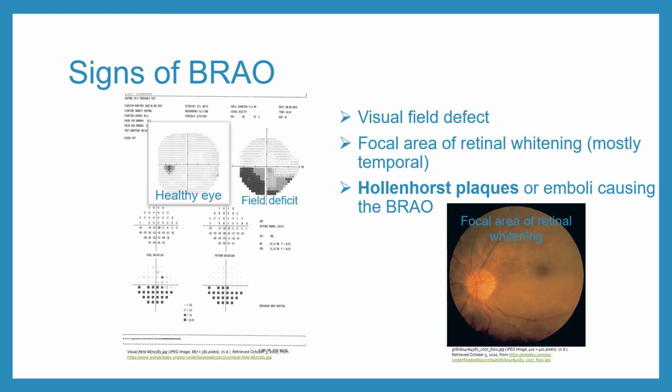A similar observation can also be made in commotio retinae, where the retina is bruised due to external forces. And sometimes we might be able to see Hollenhorst plaques within the artery that's causing the BRAO. When tested with the Humphrey chart, the patient will have a visual field defect.